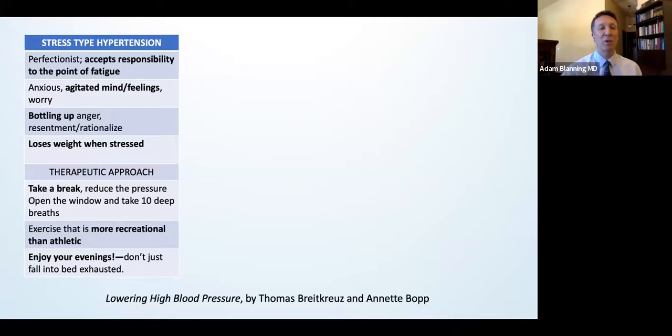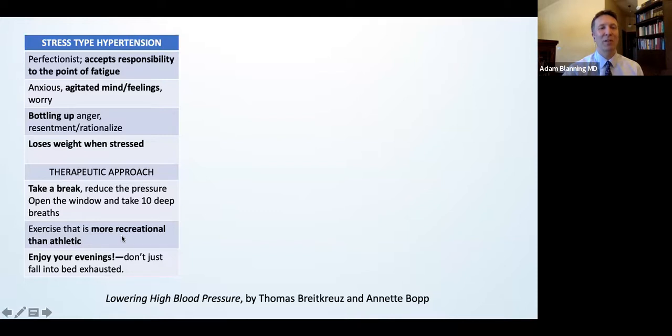Now, in terms of a therapeutic approach, these are very simple, but actually very effective lifestyle modifications. We're really trying to take a break, reducing the pressure, opening the window for some fresh breath. That can be very helpful.